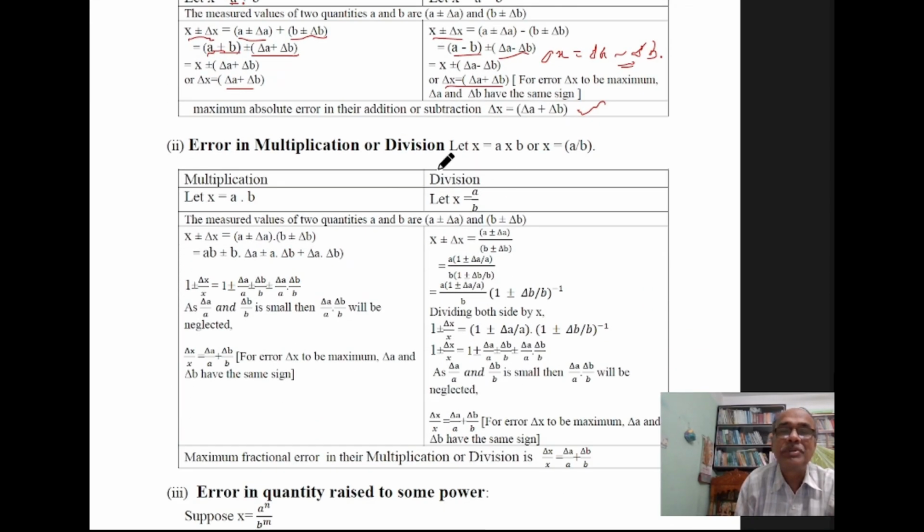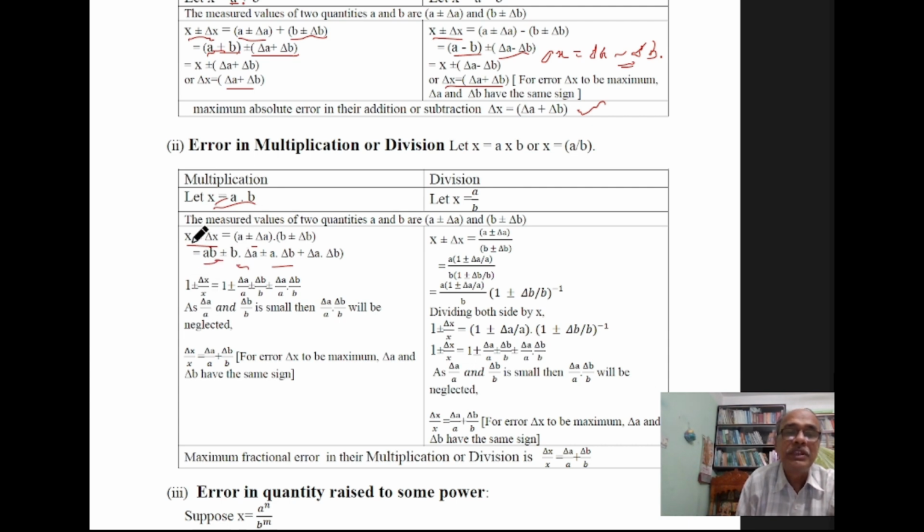Now in case of multiplication and division, suppose X equal to A dot B, obviously we have taken same way. Now substitute, here error will be X plus delta X, and substitute the value of A plus minus delta A, B plus minus delta B in place of A and B, and multiply that. What will be AB, A dot delta B, B dot delta A, and delta A dot delta B. Now divide this side by X, and this side by AB.